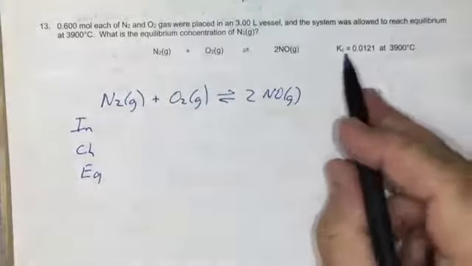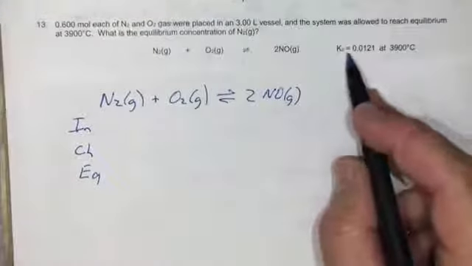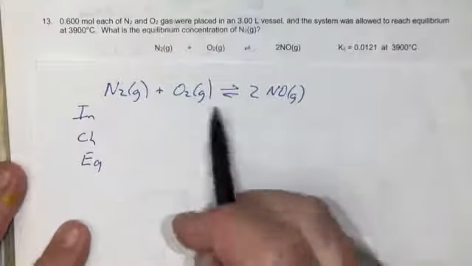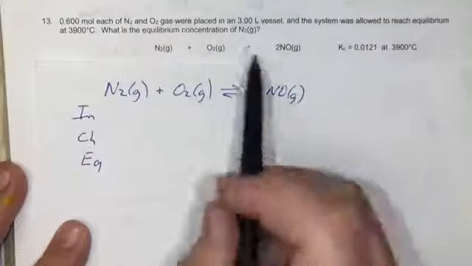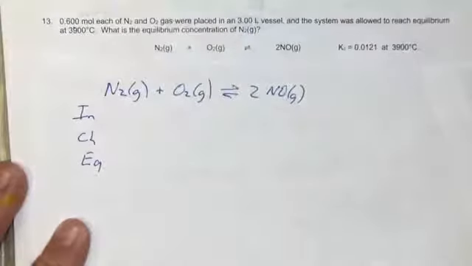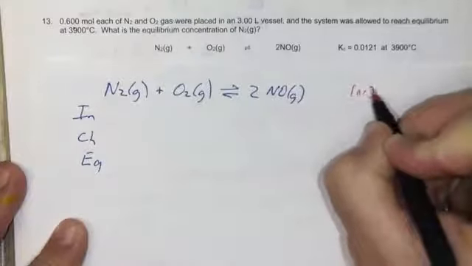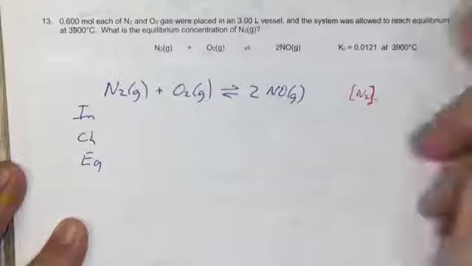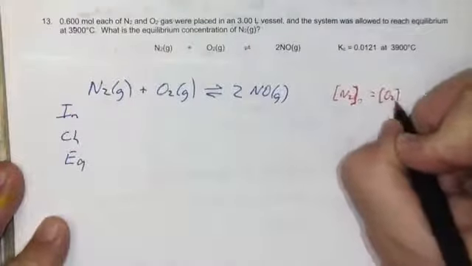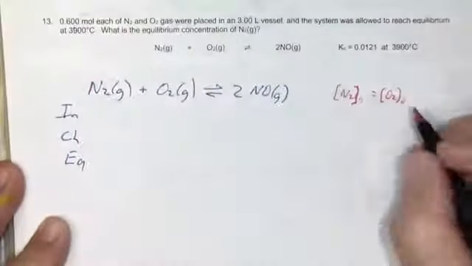Now, we're given the Kc equation. C stands for concentration. So we have to express each of these values in terms of its concentration. So 0.6 moles were placed in a 3-liter container. The initial concentration of nitrogen, with subscript 0 meaning at time t equals 0, equals the initial concentration of oxygen, because it says 0.6 moles each of nitrogen and oxygen were placed in a 3-liter container.